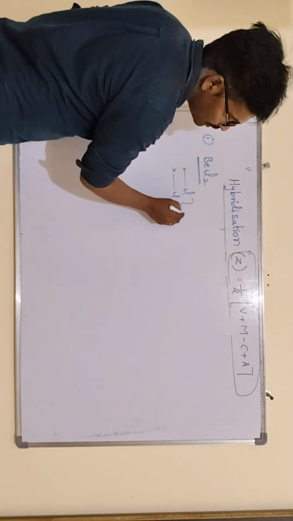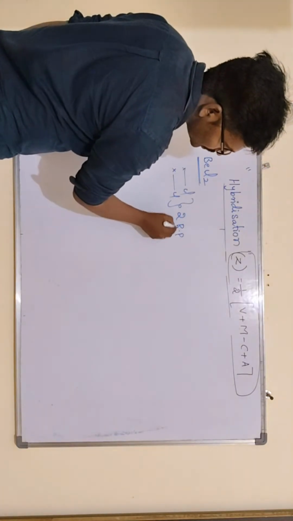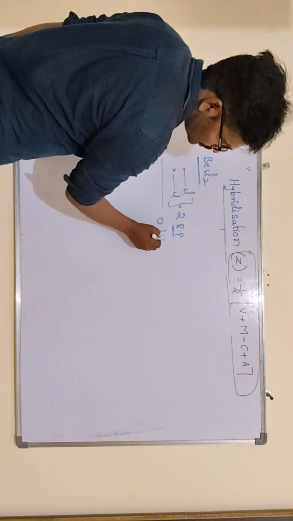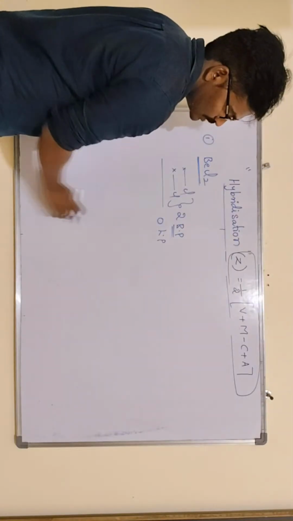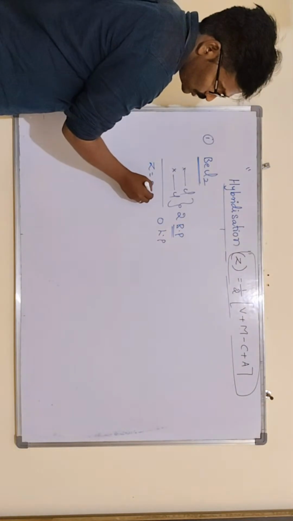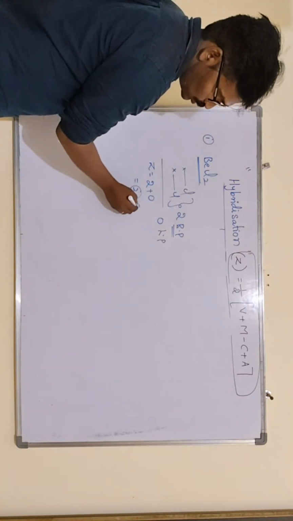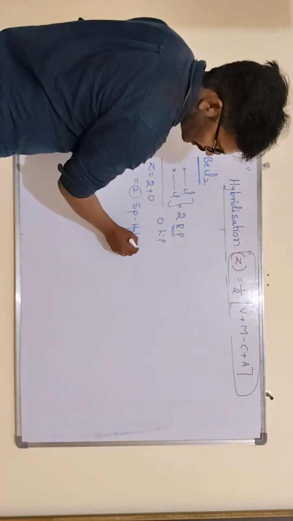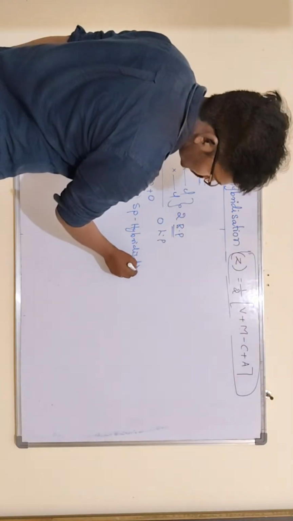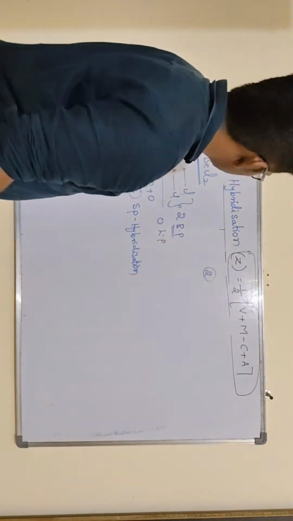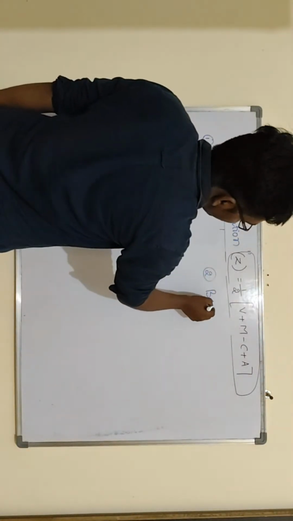So total bond pairs are 2 bond pairs. 0 lone pairs. So Z value is 2 plus 0, that is nothing but 2. When 2 is there, sp hybridization.